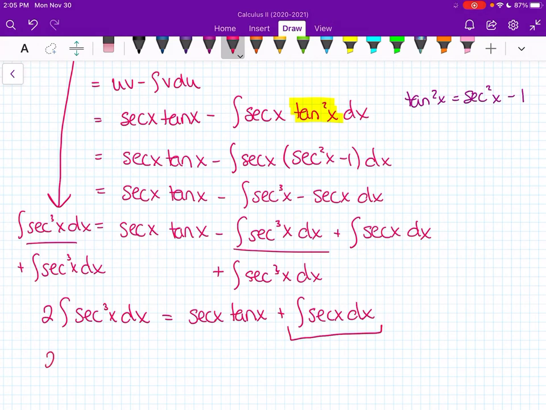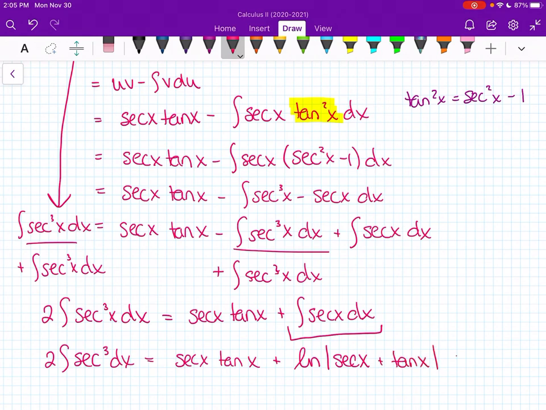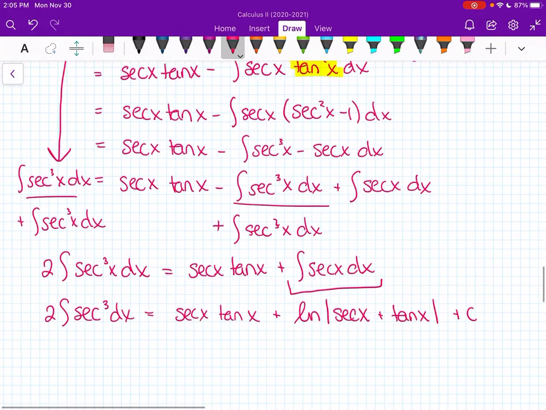So now I have that 2 times the integral of secant cubed x dx equals secant x tan x plus the natural log of the absolute value of secant of x plus tangent of x plus c.